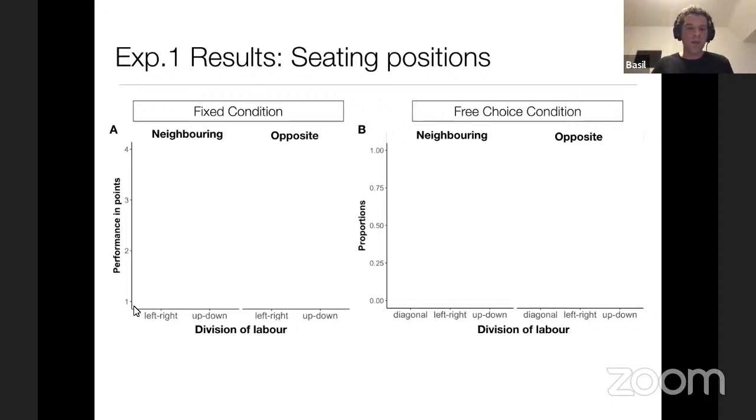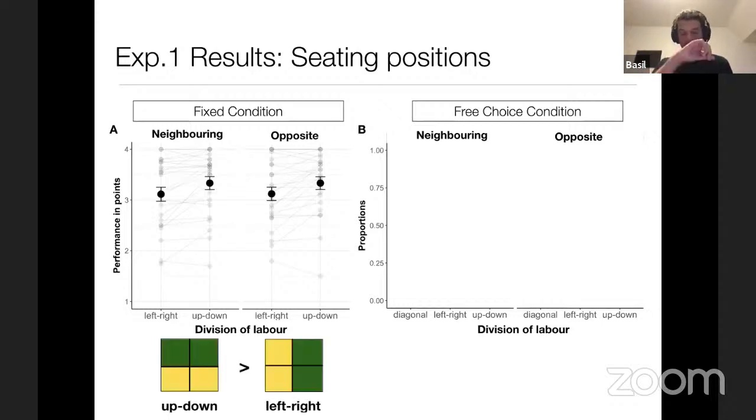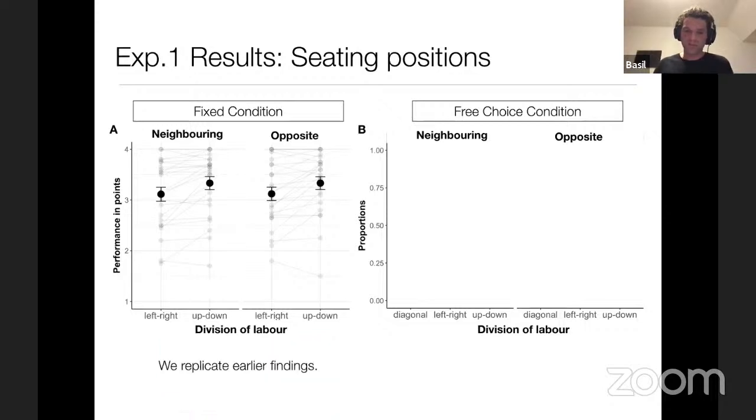Now, if we look at the performance separately for the division of labor strategies, we find that they attain a higher performance for an up-down labor division strategy. So in essence, we find that participants are better with an up-down strategy than with a left-right labor division strategy. So we replicate those earlier findings by Alvarez and Kavanagh.